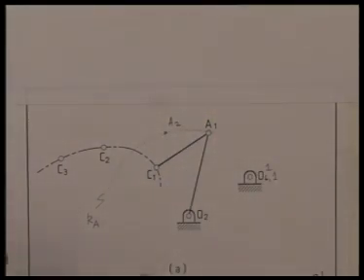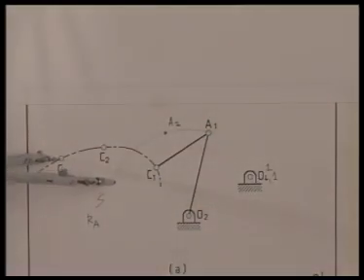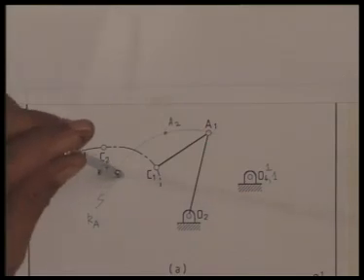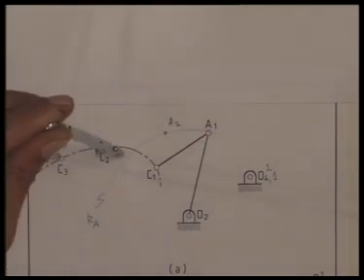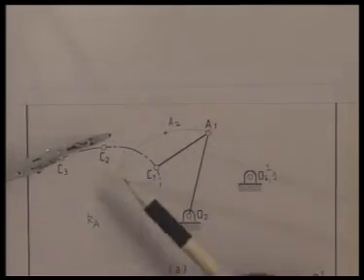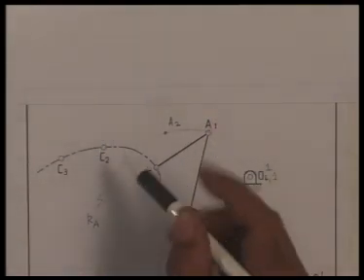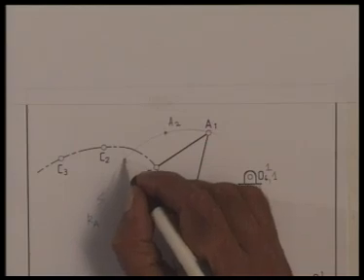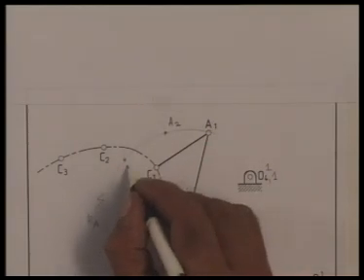Similarly, corresponding to the third position, since AC distance remains constant, I draw a circular arc with C3 as center and CA as the radius, and that intersects the path of A at this point, which I call A3.